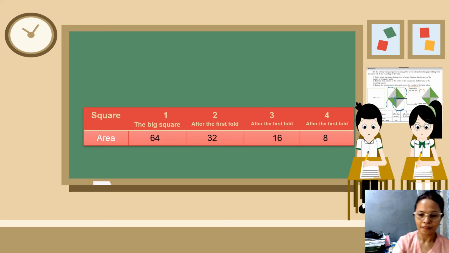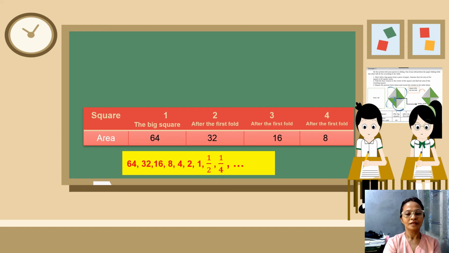So we now have the sequence 64, 32, 16, 8. If we continue, that would be 4, 2, 1, 1/2, 1/4, and so forth.